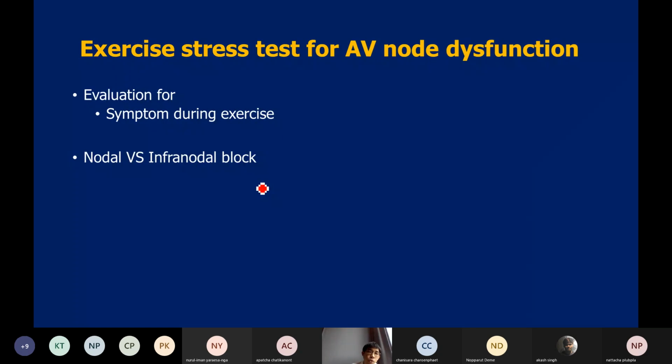And you could also benefit from the exercise test by differentiating the site of block: inside the AV node, the nodal block, or below the AV node in the His bundle region, the infranodal block.